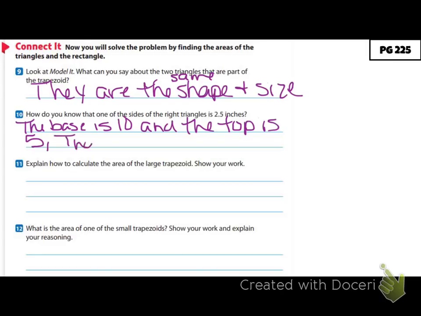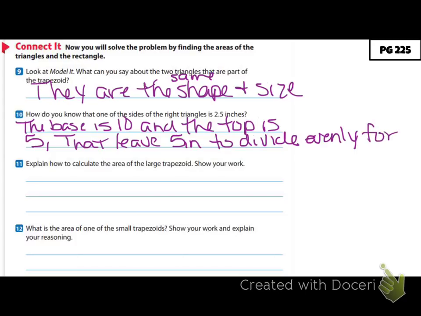That leaves 5 inches to divide evenly for each triangle, which is 2.5.